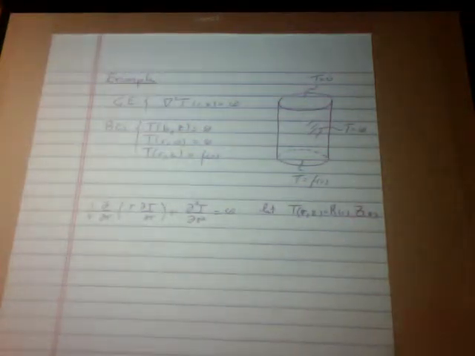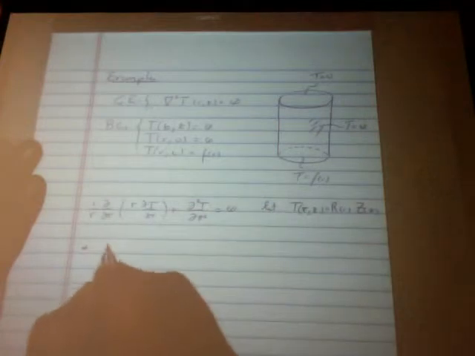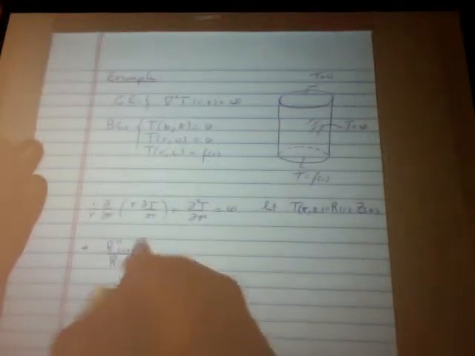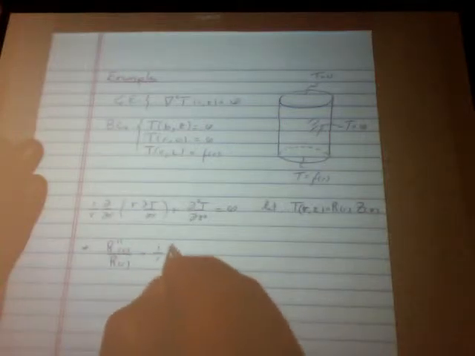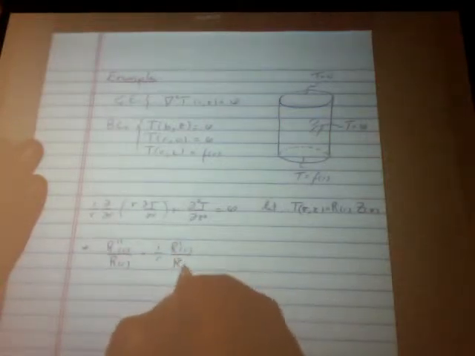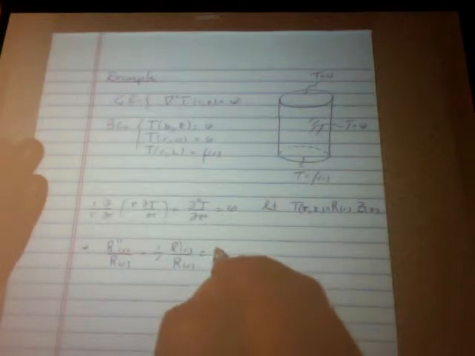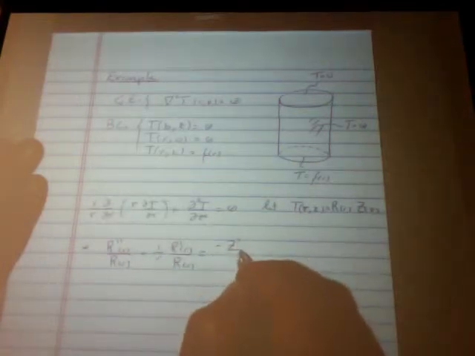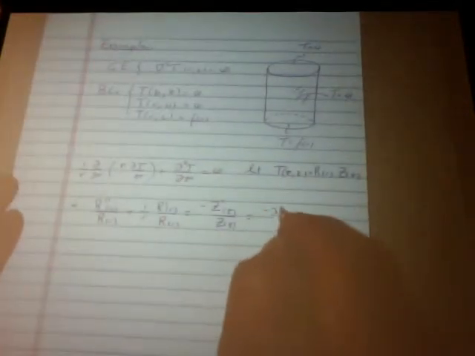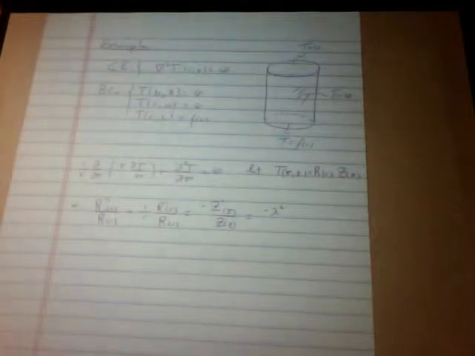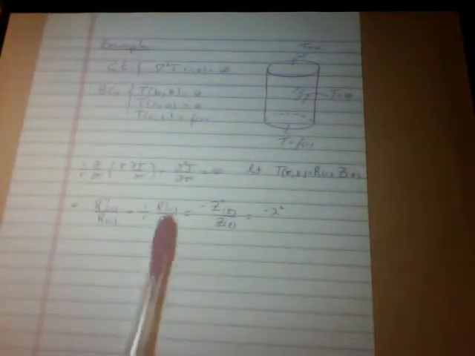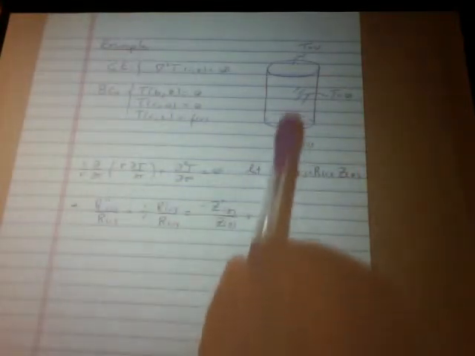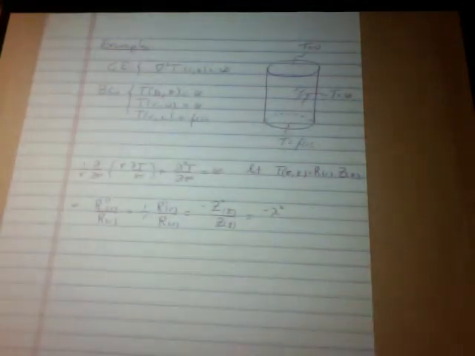Once we plug that in here, this will result in R double prime of r over R of r plus 1 over r times R prime of r over R of r is equal to minus Z double prime of z over Z of z. And we separate this into minus lambda squared. We want a negative lambda because we want to form an eigenvalue problem in the r direction, because r is the homogeneous direction.